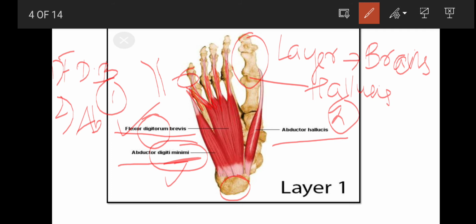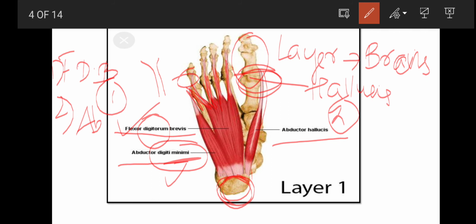Abductor hallucis also takes its origin from the calcaneus, from the intermuscular septa and from the flexor retinaculum. The hallucis tendon inserts into the medial side of the base of the proximal phalanx, only till the proximal phalanx of the great toe.